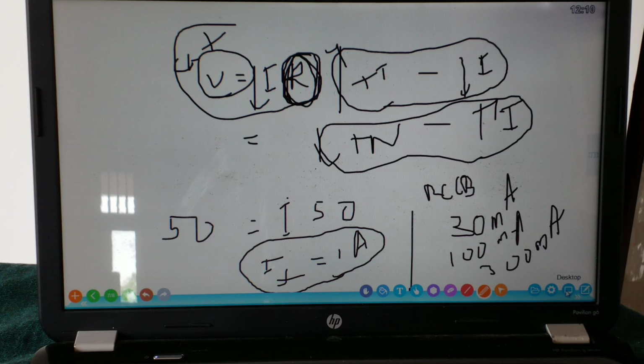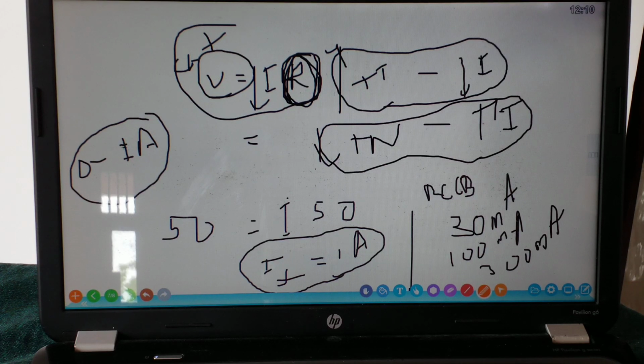Got the point? I have a play zone from 0 to 1 amp. This is my play zone to trip the system. Before 1 amp I should trip the system to maintain this voltage. I can apply an RCCB of 30, 100 or 300. Got it? Or I can have another solution.